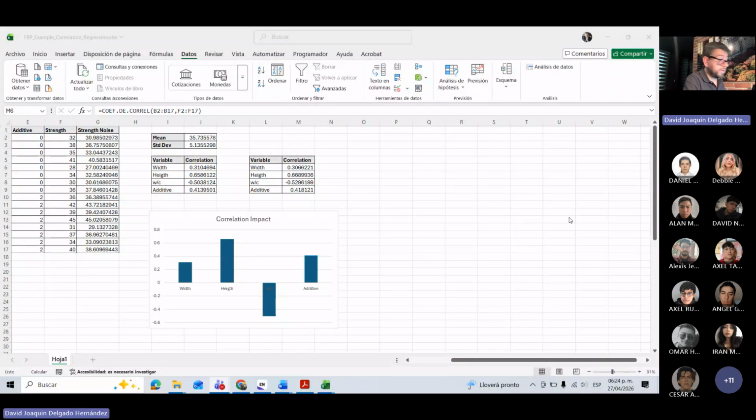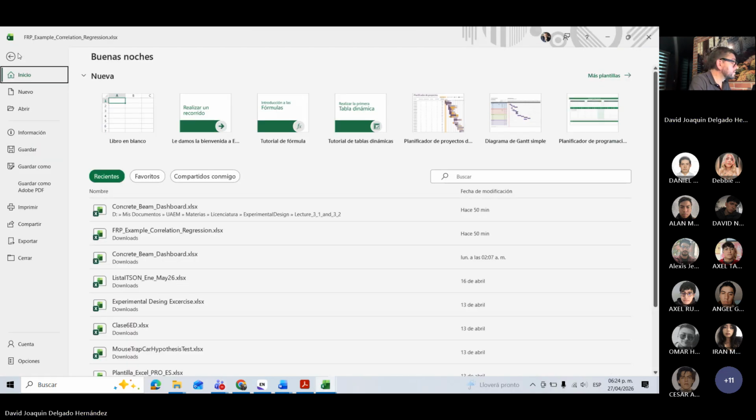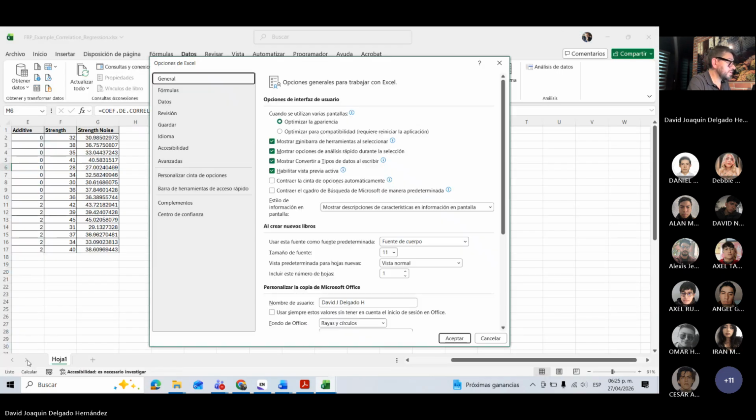Okay, so you should go to File, Archivo, Options, Opciones, Add-in, which is complementos in Spanish.